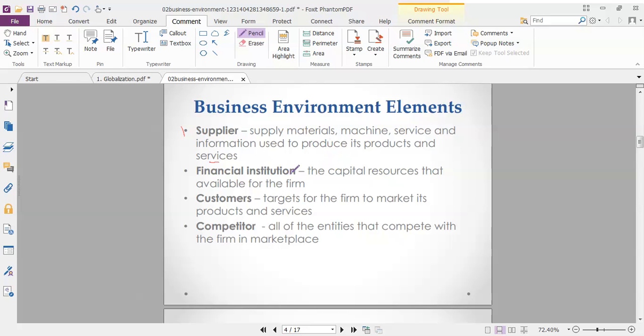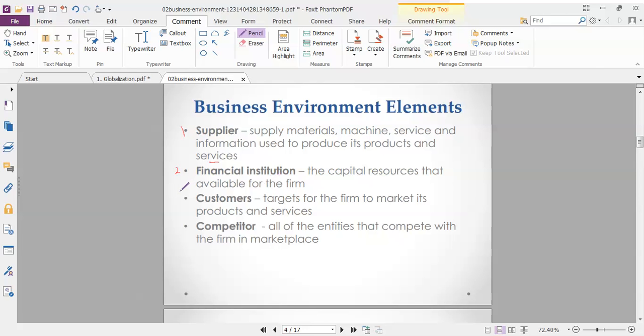For example, the supplier from China or from the US. And then the second one is the financial institutions. Who is the financial institution? For example, a bank. They give you the resources of capital available for the firm.